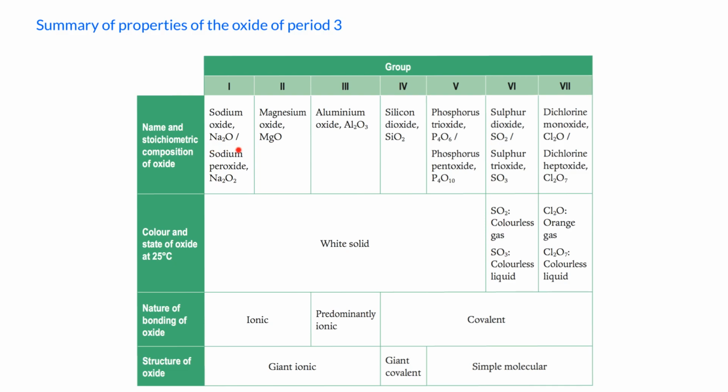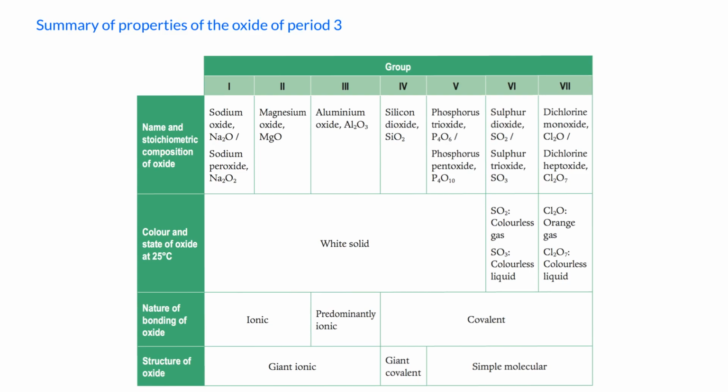Like sodium, they have sodium oxide and sodium peroxide. Magnesium has magnesium oxide, and so on and so forth. So you have to recognize the names, like phosphorus trioxide, phosphorus pentoxide, sulfur dioxide, sulfur trioxide, dichlorine monoxide, and dichlorine heptoxide. So these are the names of them.